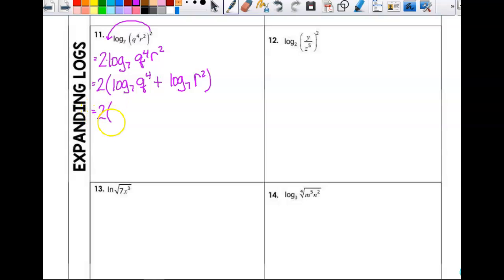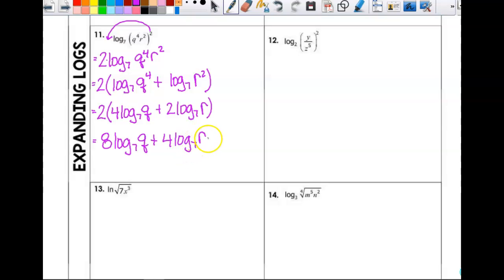So this will give me 2 times, bring that 4 down, we'll get 4 log base 7 of q plus 2 log base 7 of r. And then my last step would be to distribute the 2. So in the end, I will end up with 8 times log base 7 of q plus 4 times log base 7 of r.